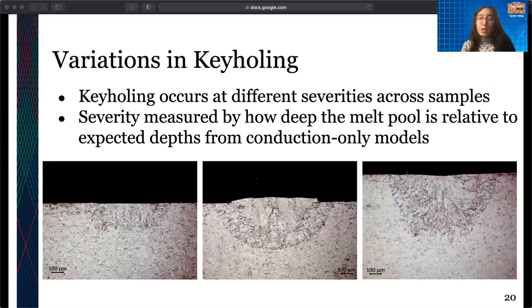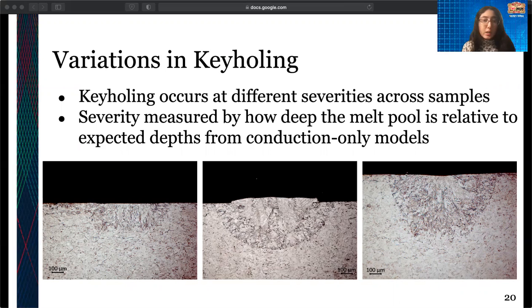So the question is, how do we get around running into keyholing even when we use our new parameter set? Keyholing occurs at different severities across our samples. Severity of keyholing can be measured by how deep the melt pool is relative to the expected depths from our conduction-only models. If we carefully calibrate our hatch spacings, what we can do is avoid this keyholing behavior by being just over the threshold to get continuity in our melt pools.